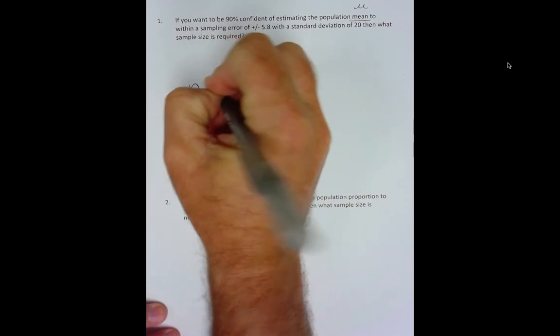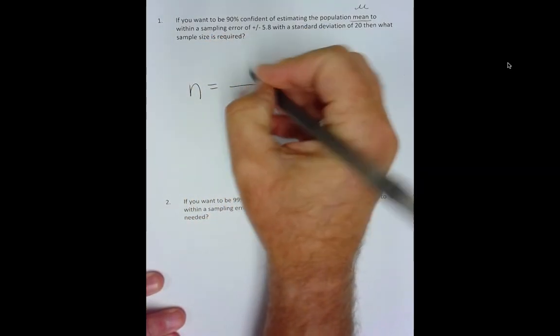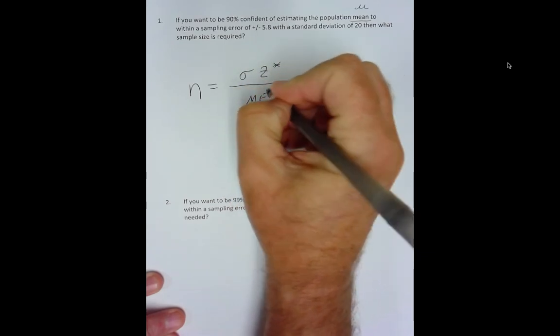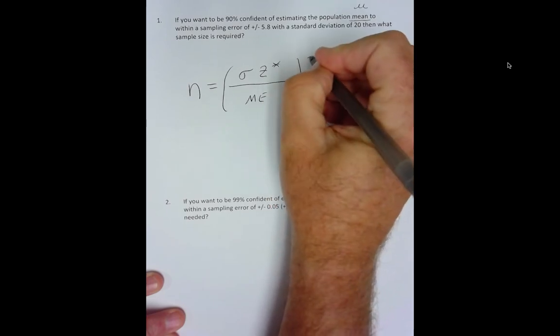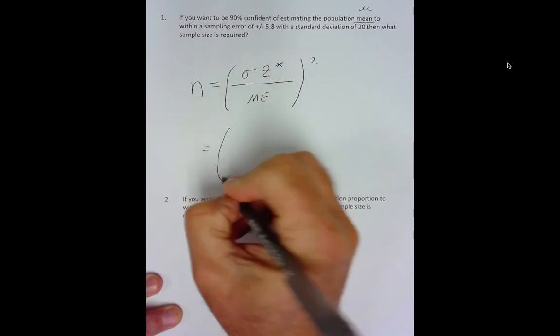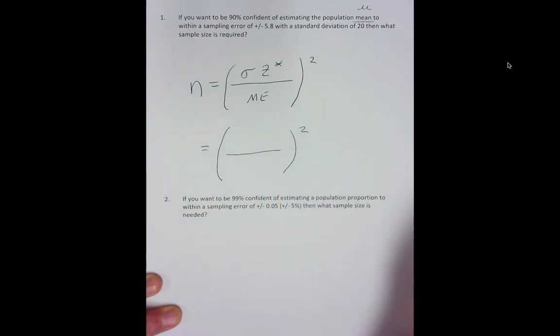If I were you, I'm going to go back into my notes, and I'm going to see that Dr. Darbro gave me a formula for this, and that formula was N equals sigma times Z critical over margin of error, quantity squared.